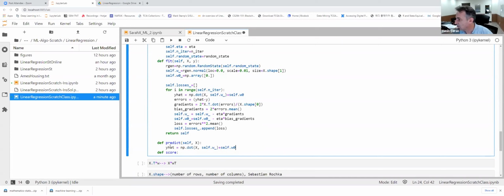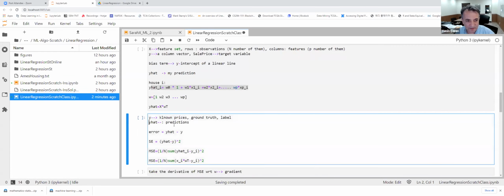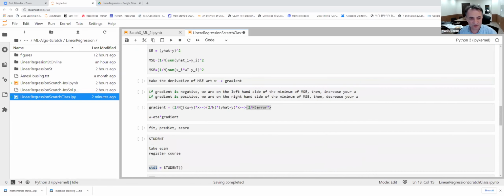All right. So prediction is X times W plus W0. I already gave you here: Y hat is predictions, and Y hat is nothing but X times W, of course plus W0. Let's call it plus W0 so that you know that this also includes the bias term.